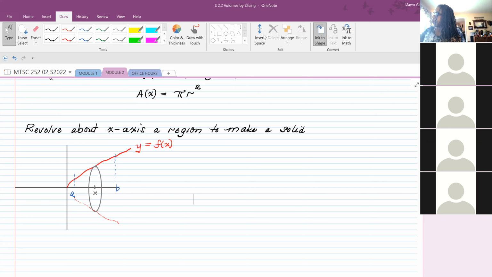When I do that, I get a disk. So here is my cross-sectional area. It is a disk, and I need to find the radius of it.